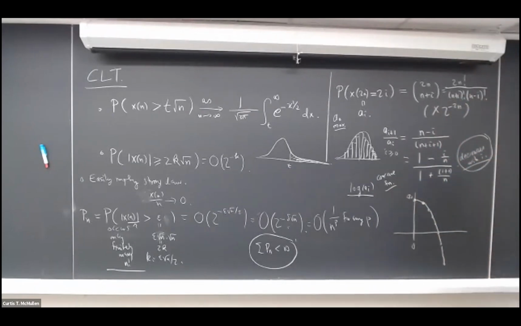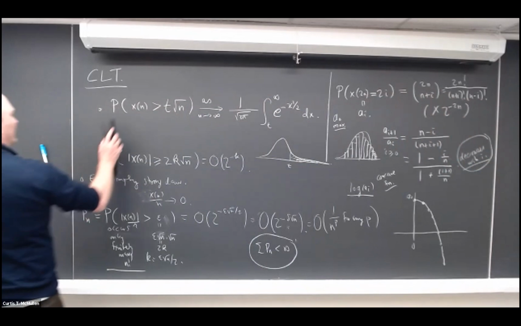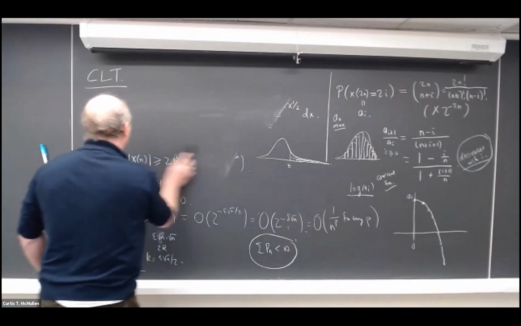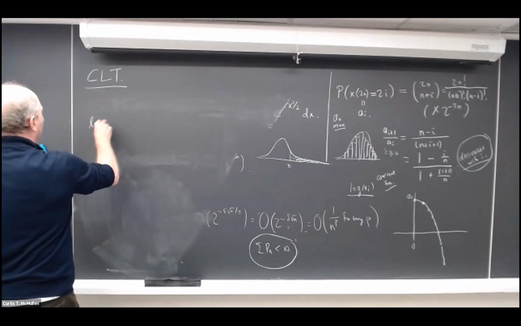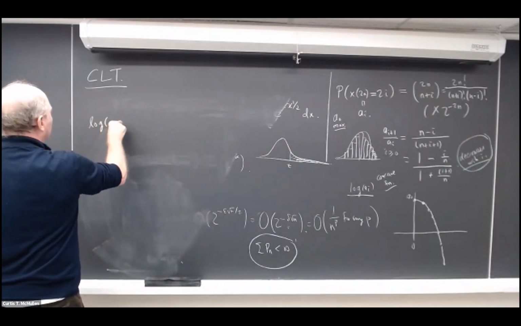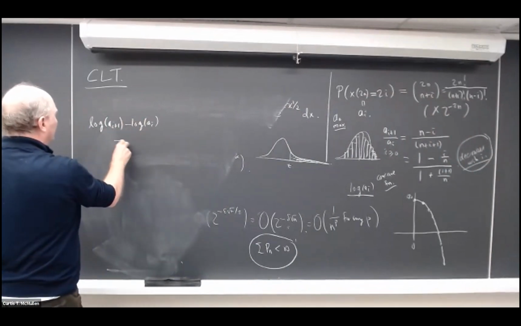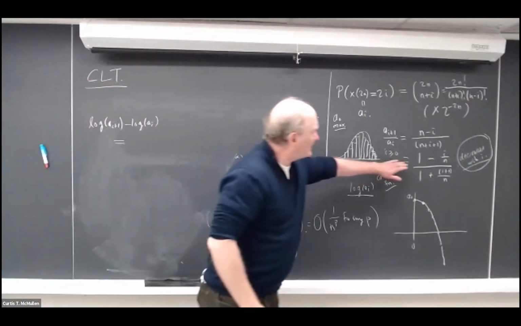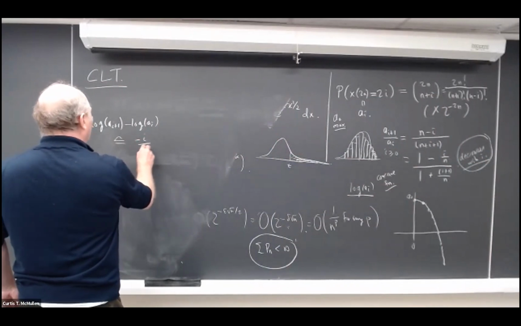Now, could we figure out what that concave function is? Well, we can certainly get a pretty good idea for small values of i, because look at this logarithm. The log of a_(i+1) minus the log of a_i is, using the good approximation that the log of 1 minus x is just minus x, approximately minus i over n.